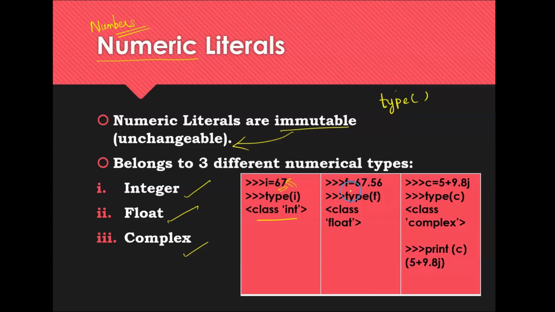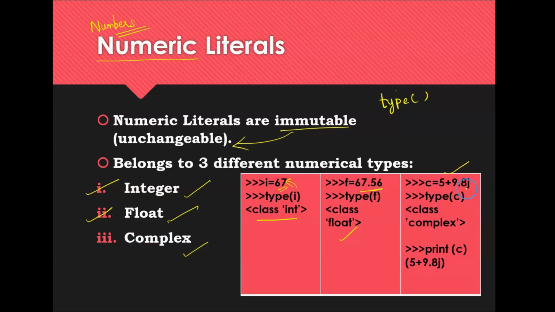Second example, f is equal to 67.56, which is a floating point number. Trying to check the type of f, we get the answer as class float. The next, third example, is the complex type. We saw the integer type and the float type, now we are at the complex example. c is equal to 5 plus 9.8j.